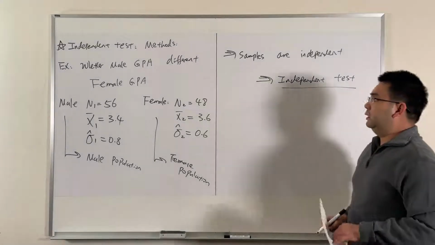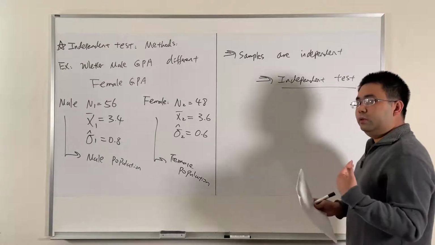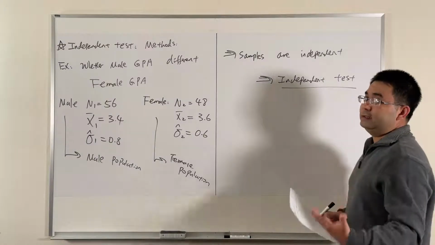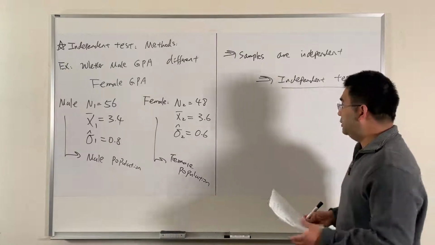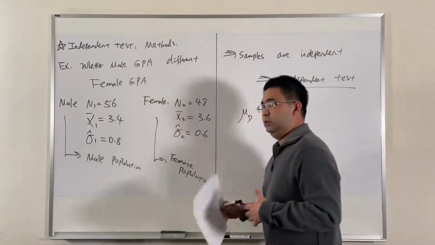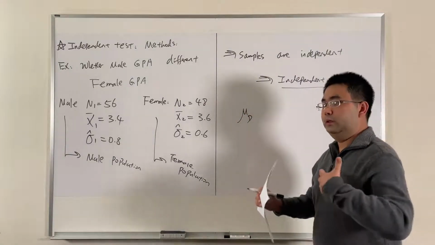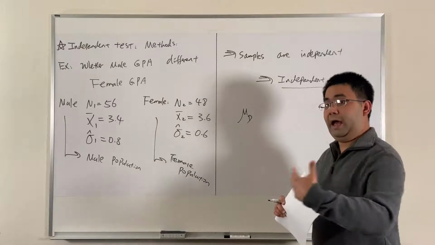Now let me quickly connect this back to our previous video. In our previous video, when we did paired tests, we introduced a variable mu d, right? So we were able to do the testing by taking the difference between the two samples, before and after.